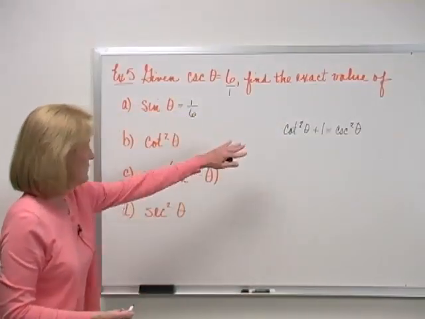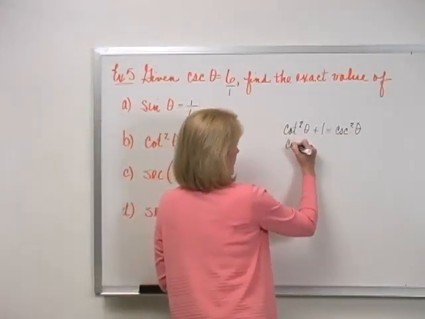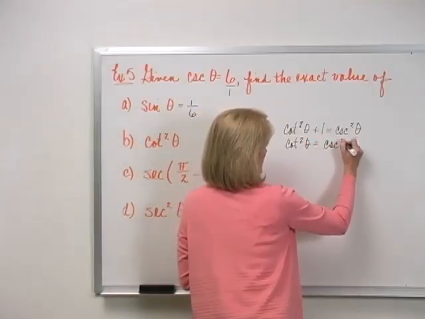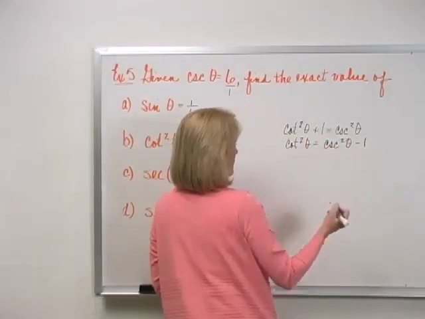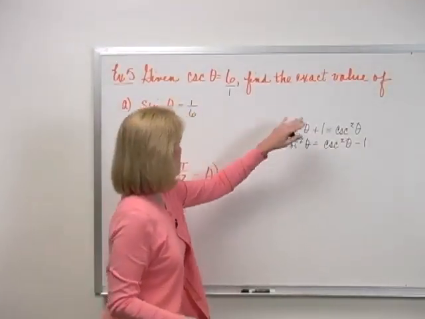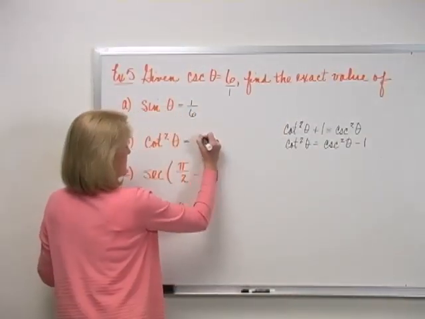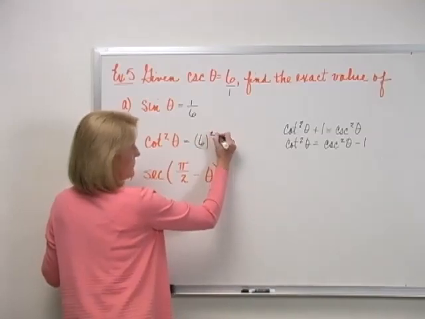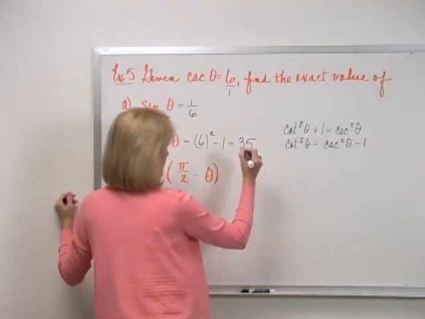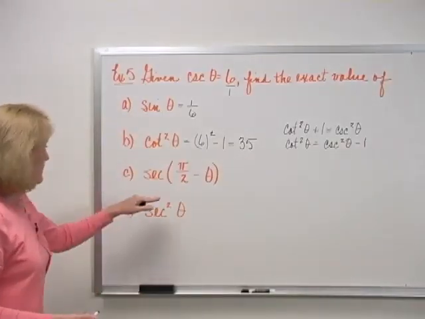We want to solve for cotangent squared, and that would be cosecant squared of theta minus 1. All right, well, we've just about got it because cosecant squared would be 6 squared minus 1, and so that would be 35.